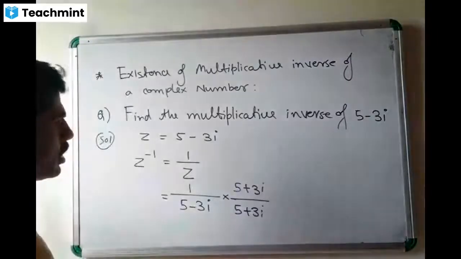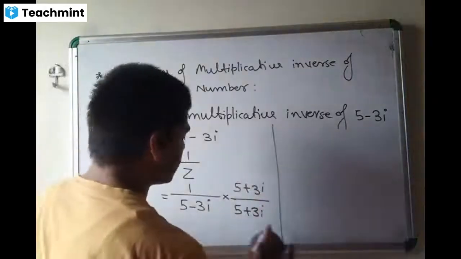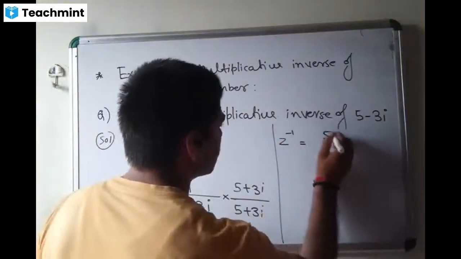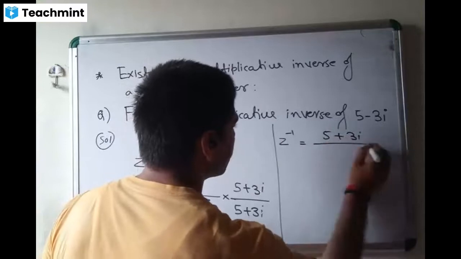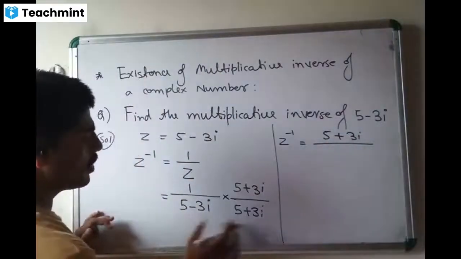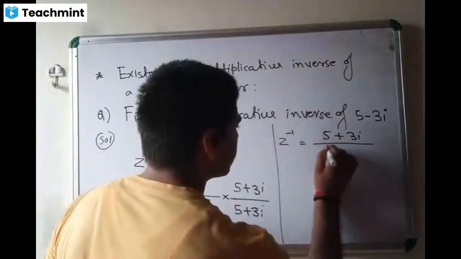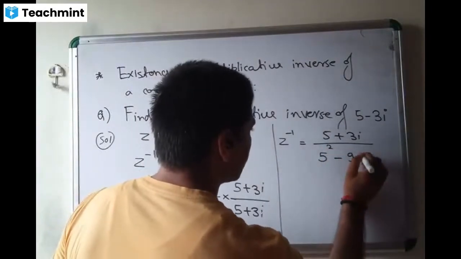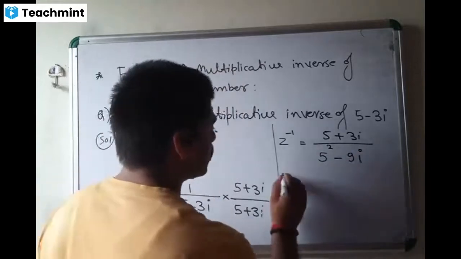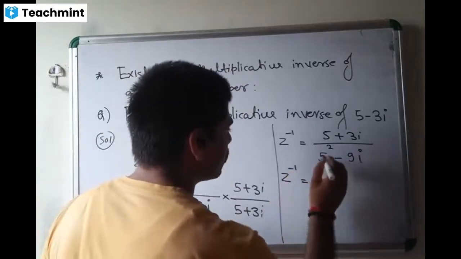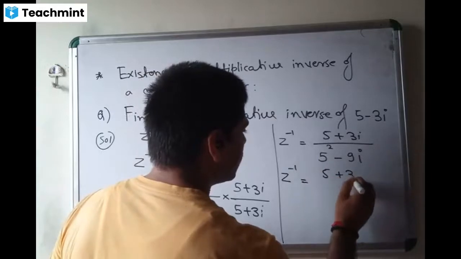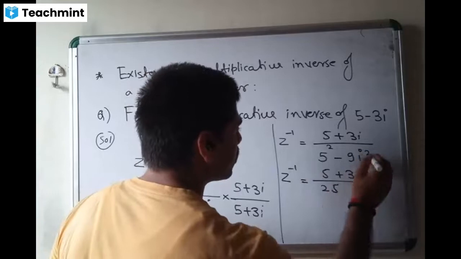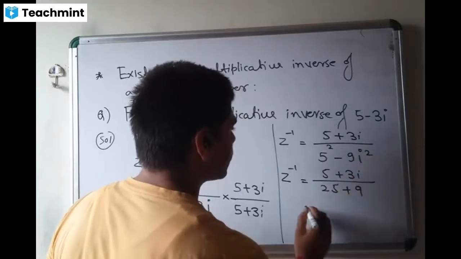No problem. Now see, first you will find the multiplicative inverse. So Z inverse is equal to 1 upon 5 plus 3i. Now multiply by the conjugate. You get 5 square minus 9i square. So Z inverse is equal to 5 minus 3i upon 25 plus 9, isn't it?